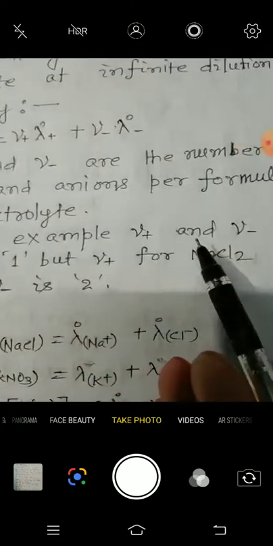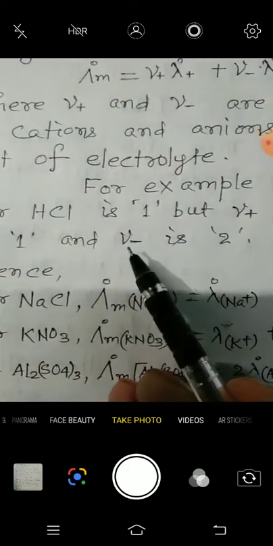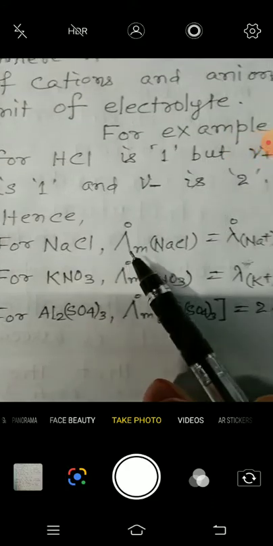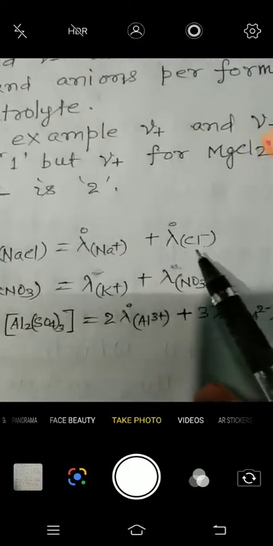For example, nu plus and nu minus for HCl are both 1, but for MgCl2, nu plus is 1 and nu minus is 2. Hence, for NaCl, the limiting molar conductivity will be equal to this.